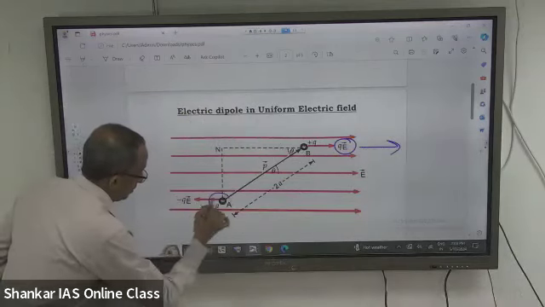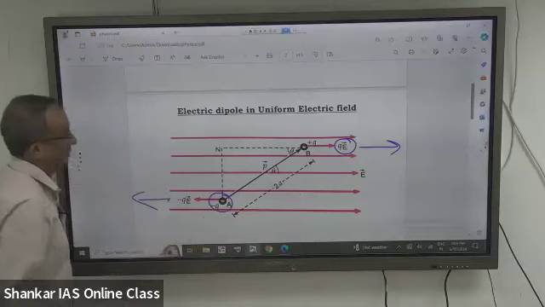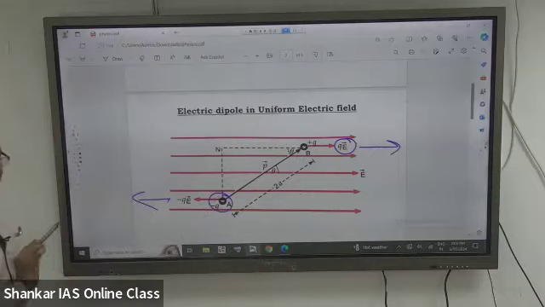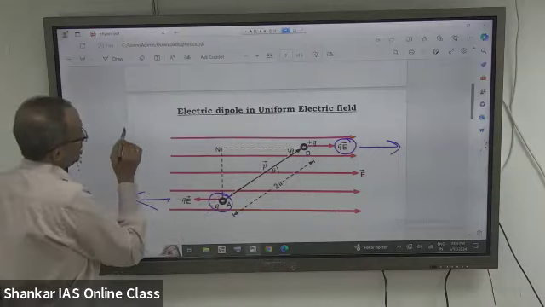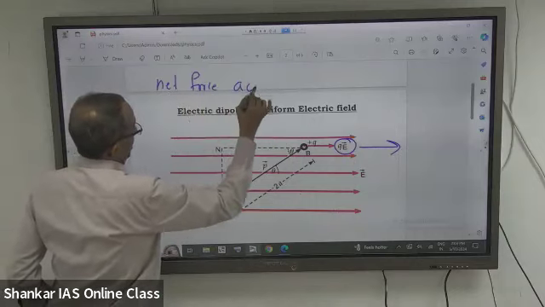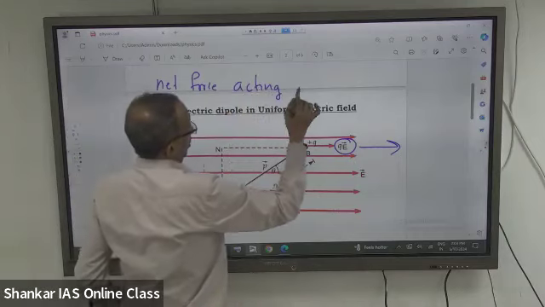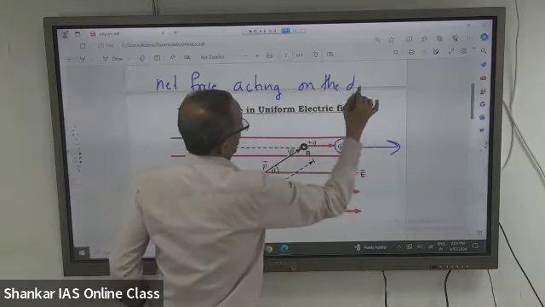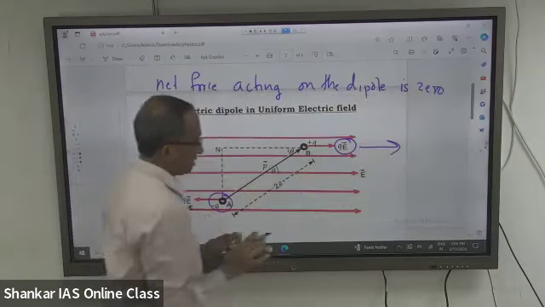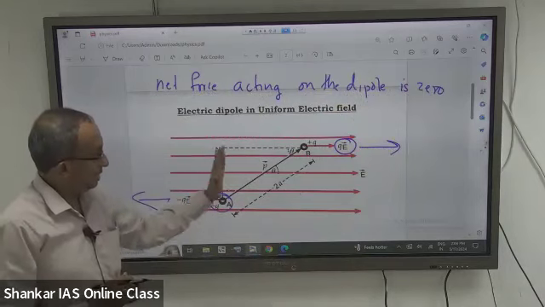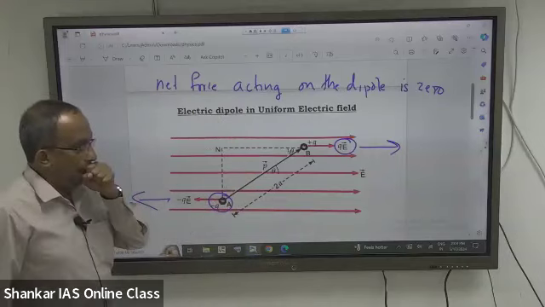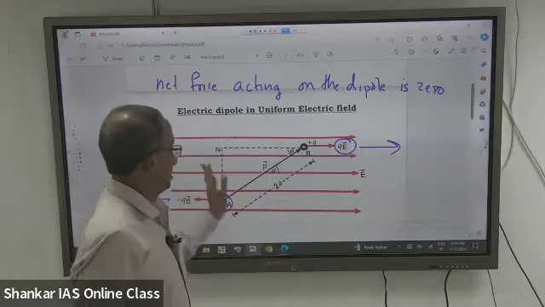Here, on minus Q, the force will be in this direction. These two forces, QE and minus QE, cancel each other. So the net force acting on the dipole is 0, because this is a uniform electric field. One force is acting in this direction, the other force is acting in the opposite direction.